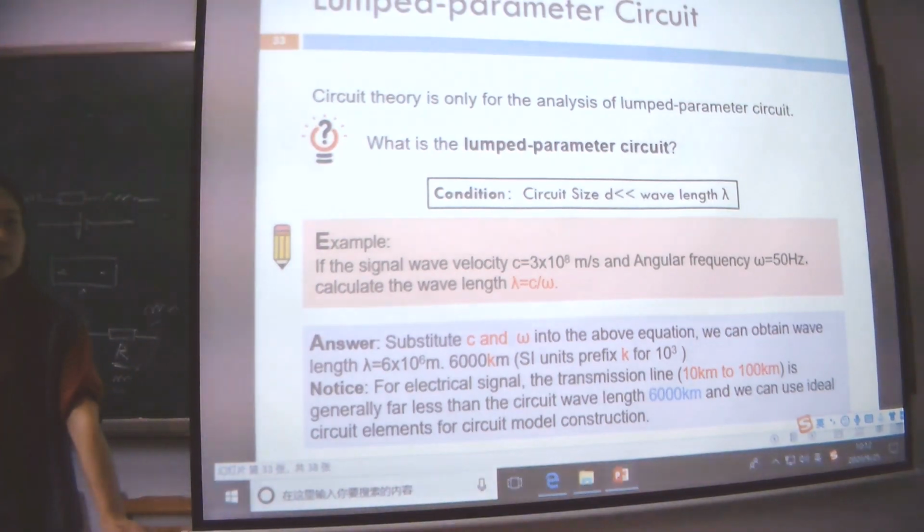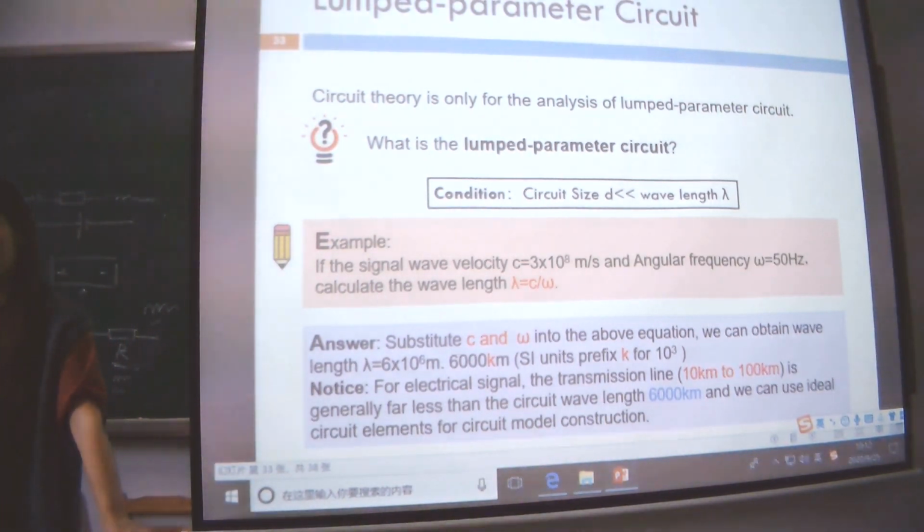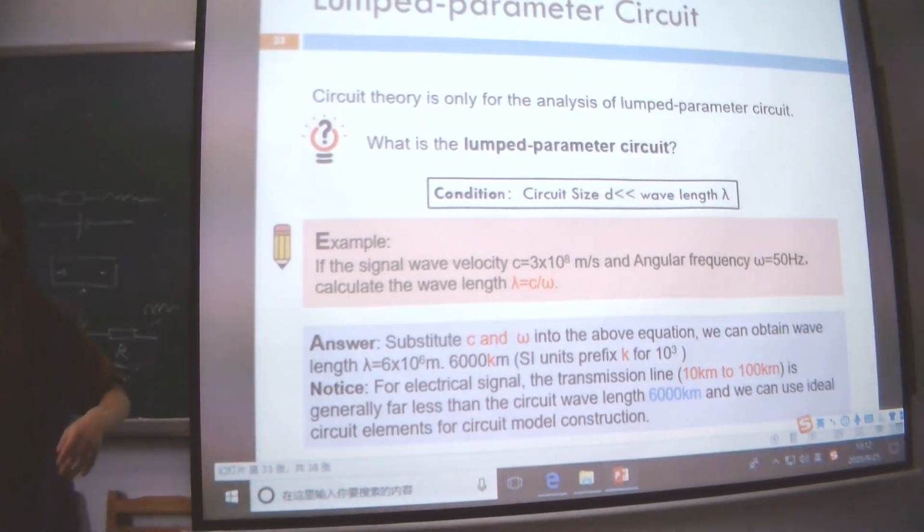In China it's 50 Hertz. How about your country? Oh, my country is 50. In some other countries it can be 60. But in China the standard frequency is 50.